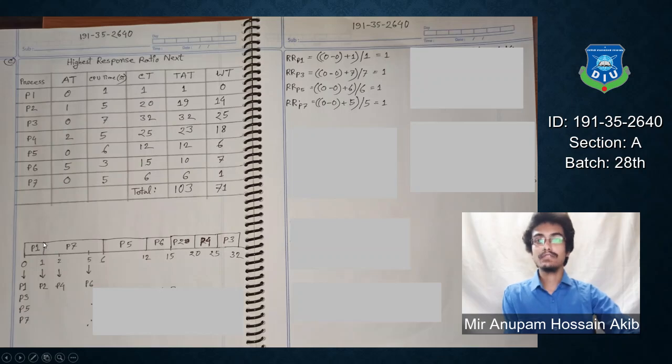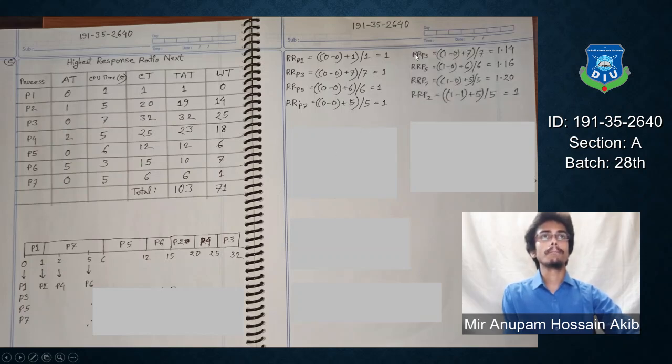But during the execution of P1, P2 comes. So we now find the response ratio for P3, P5, P7 and P2, because P1 is already executed and the rest remain.